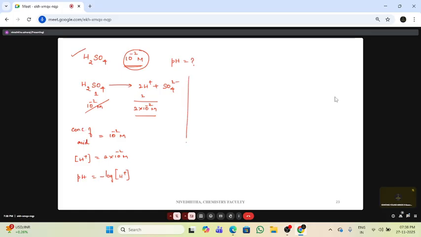That's it. So pH is equal to minus log of the H plus ion concentration, which here is 2 into 10 power minus 2.